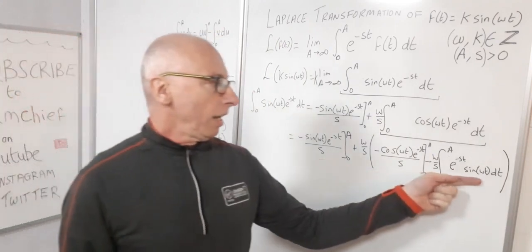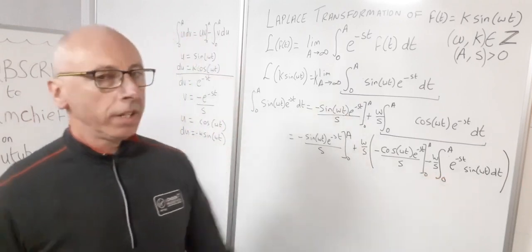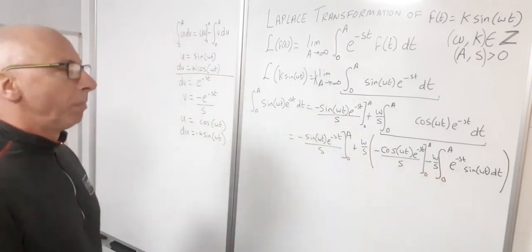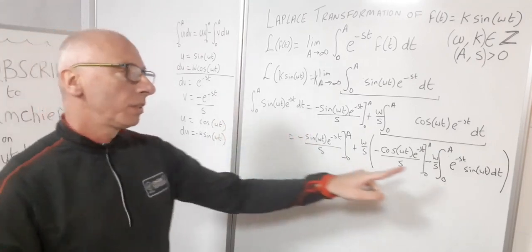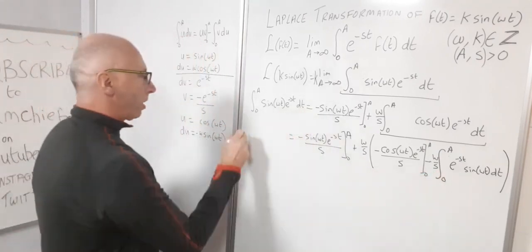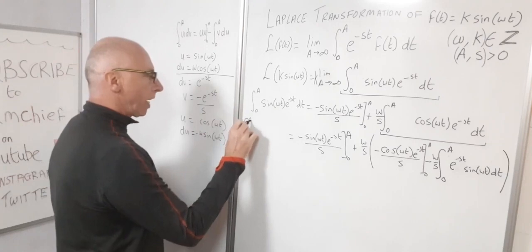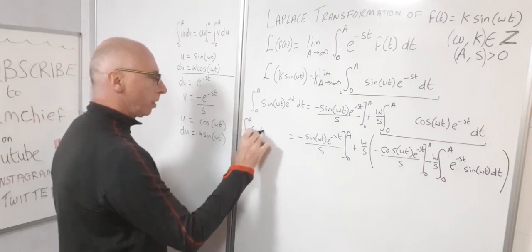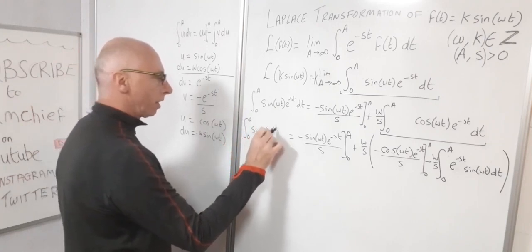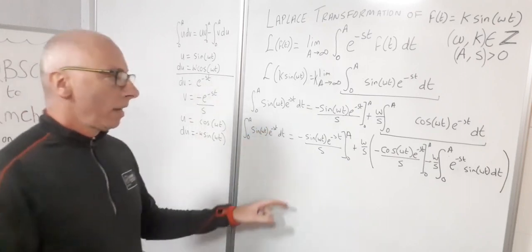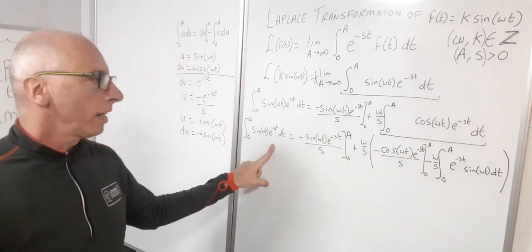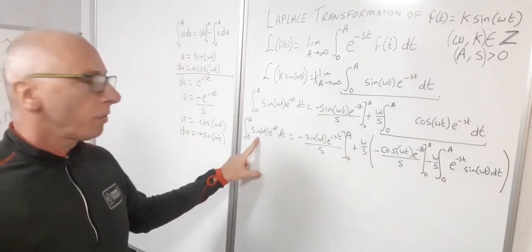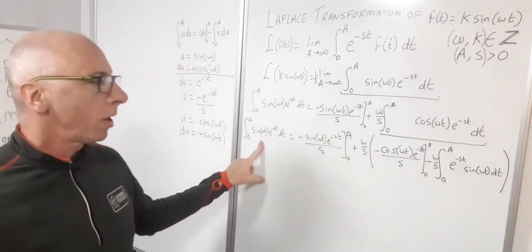So my answer here with this integral is another integration by parts. But don't forget here, my question was also the same integral. So here I could put 0 to a sine wt e to the minus st dt. I could somehow factor this out, bring it over this side, and then I can factor it again on the other side with my integral.